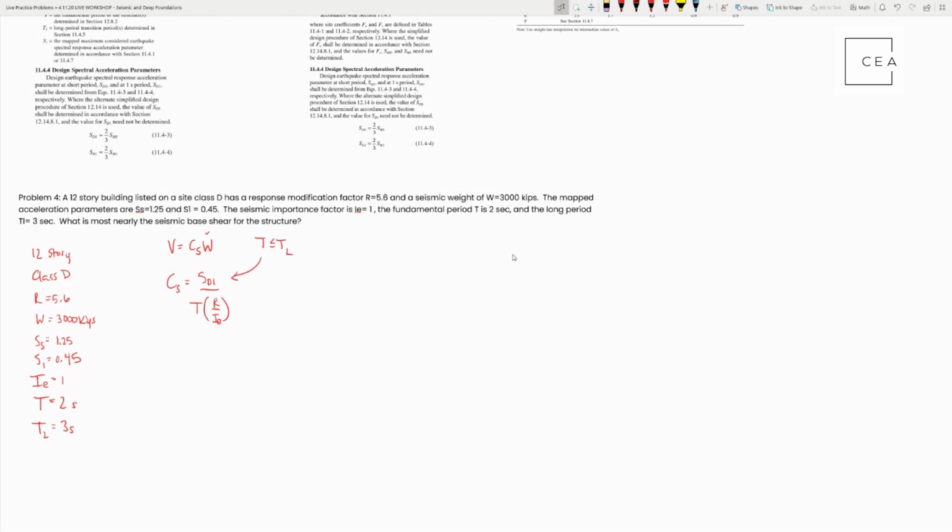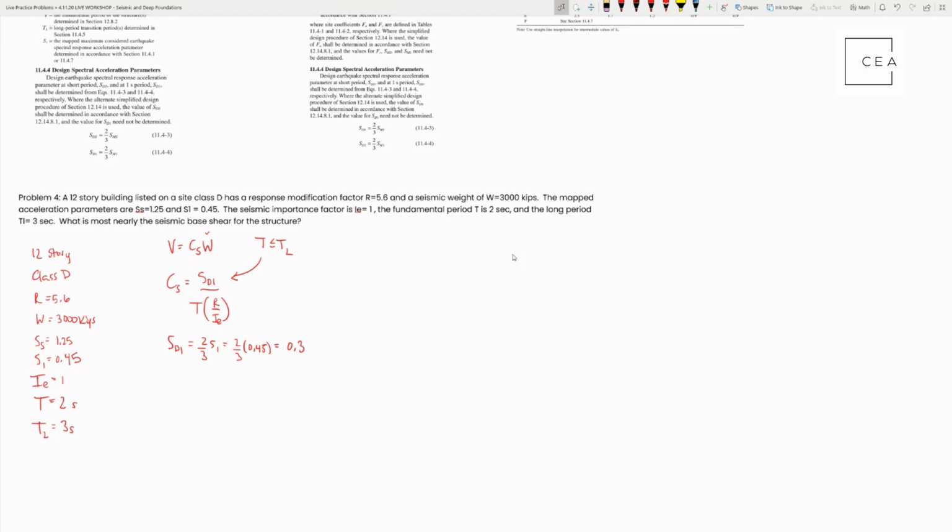All right. So next thing we need to find here, we don't know what SD1 is, so we have to solve for SD1. And if we go back up to our code, SD1 is 2/3 of S1, which equals 2/3 times 0.45, which equals 0.3. This is your 1 second spectral response.